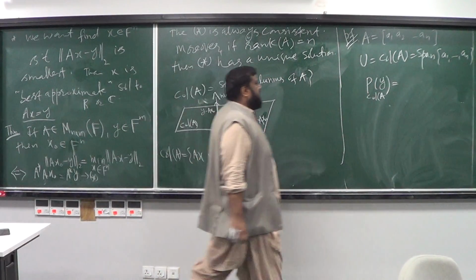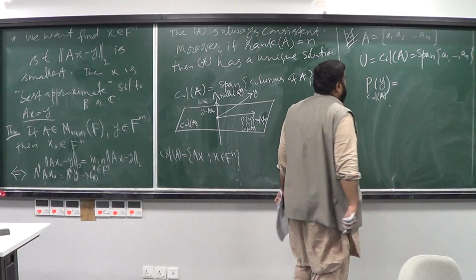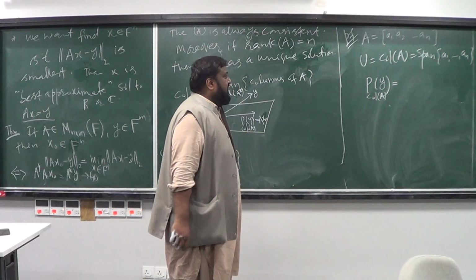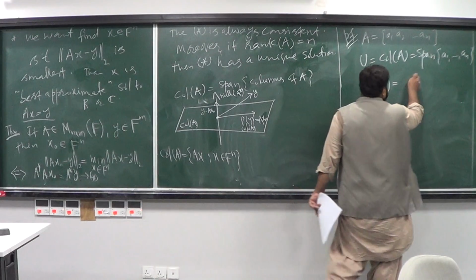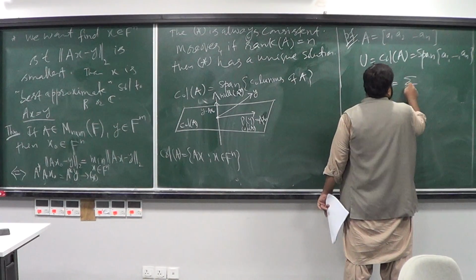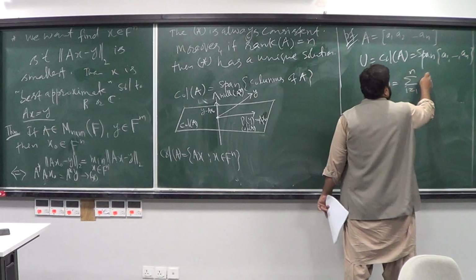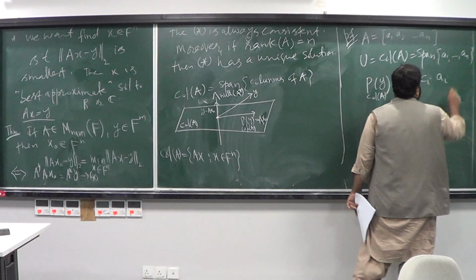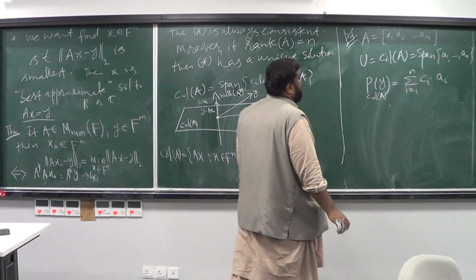So what is the orthogonal projection of y onto the column space of A? It's going to be a vector, the sum from i equal to 1 to n of Ci Ai.